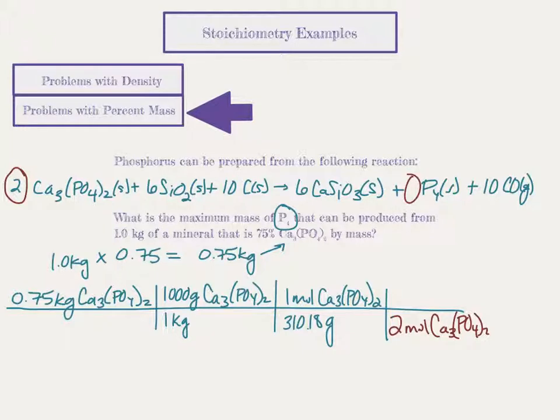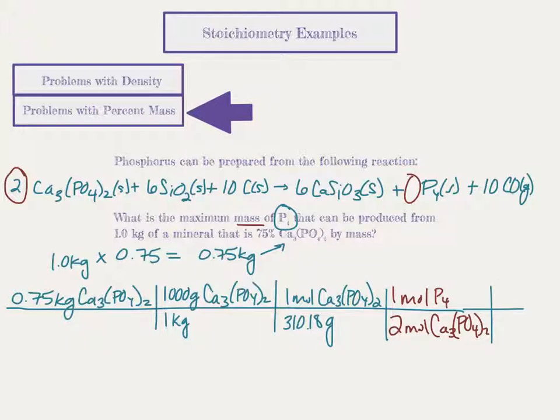And there is not a number in front of the phosphorus, so I'm going to assume that's a 1. And the last step, it's asking for mass. It doesn't tell us if we're going to do grams or kilograms, so I'm just going to make the executive decision to say that we are looking for grams.